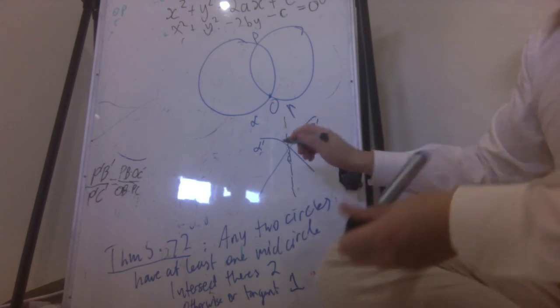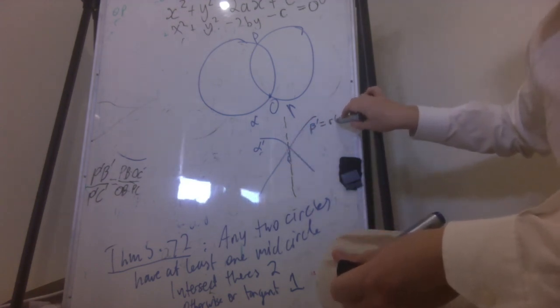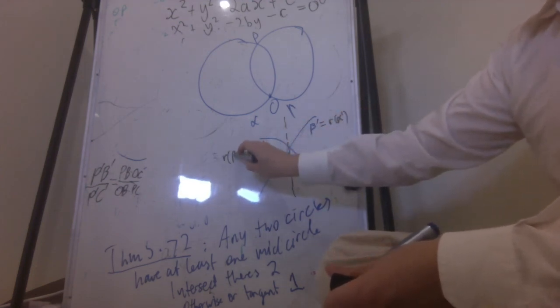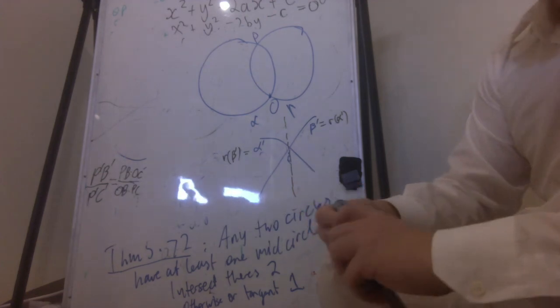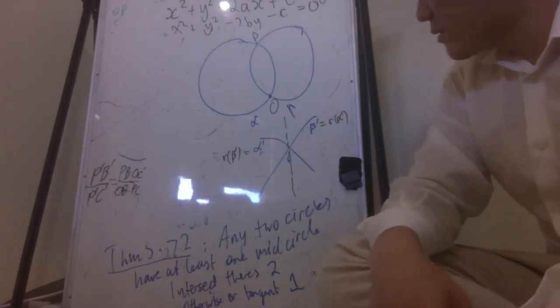And then we want to reflect it. So beta prime is now equal to r of alpha prime, over the angle bisector. And if we invert the angle bisector back, would that become the mid circle, or one of the mid circles?